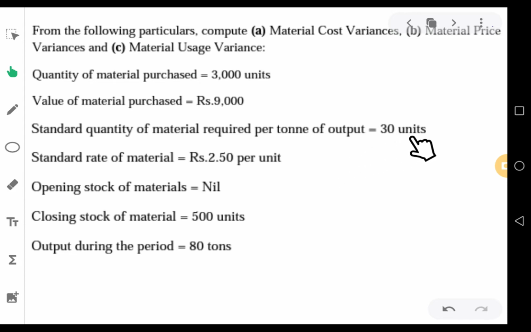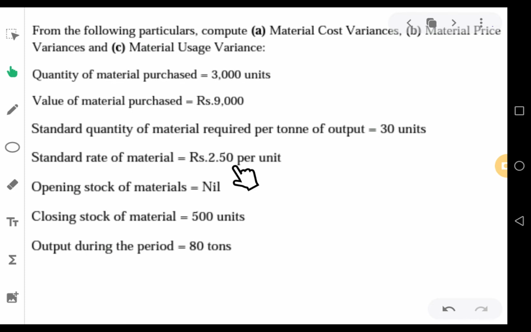It can be kgs, tons or whatever, they are just mentioning units, so we shall go with units itself. And the standard rate of material per unit is also given, that is rupees 2.50.